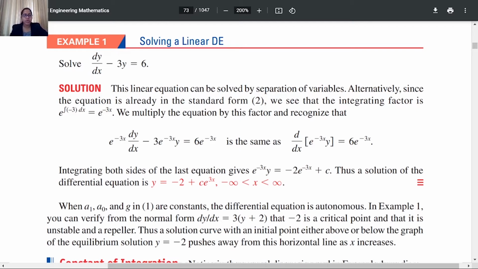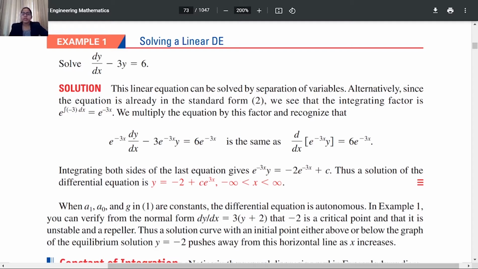From this, what will be p of x? p of x will be nothing but minus 3, not minus 3y. The standard form is dy by dx plus p of x into y is equal to f of x. So here p of x is minus 3.